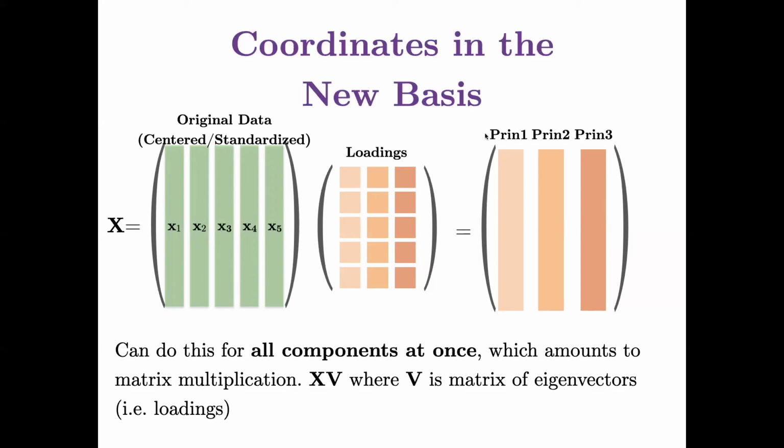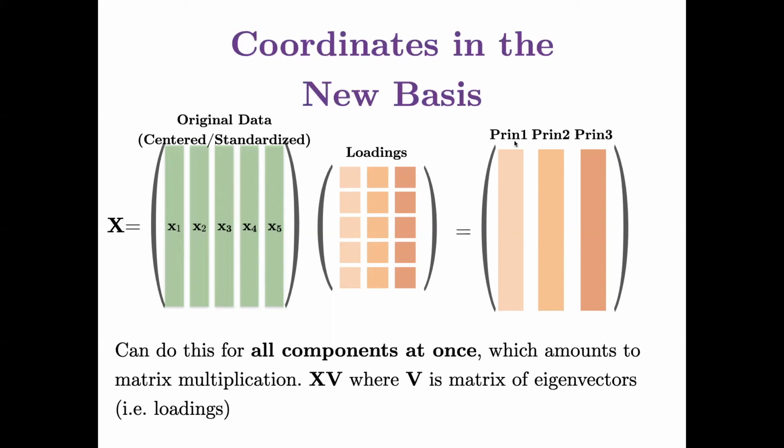You see this has the same length as my original data because I have one coordinate for every observation. In the loadings matrix, I have one coordinate for every variable. So I have 5 variables here. I have 5 loadings in each column.